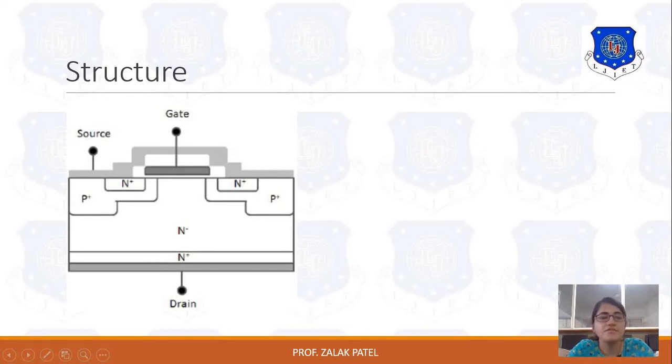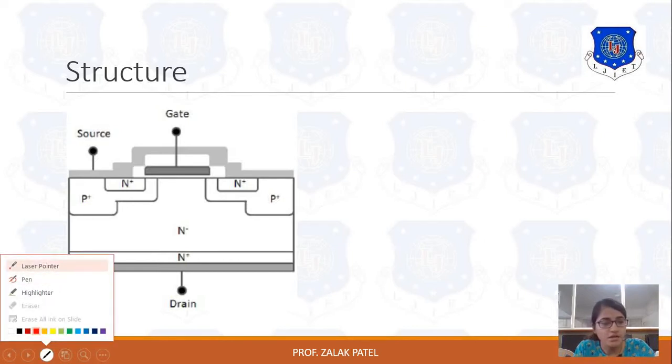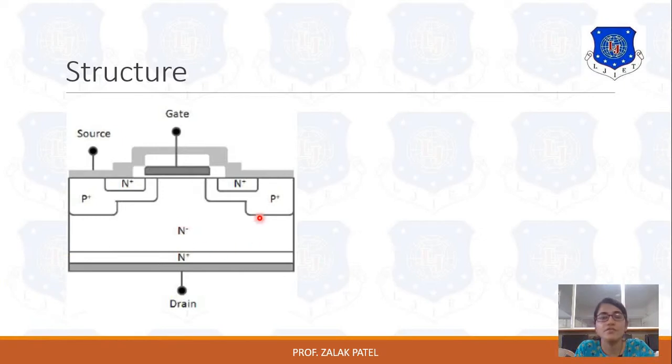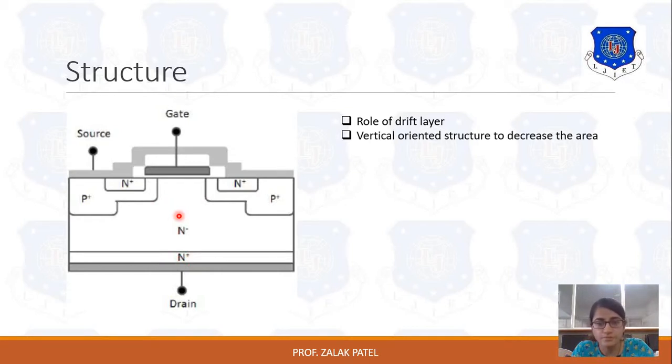The basic difference between the common MOSFET and the power MOSFET is this N minus region, which is called the drift layer. The role of the drift layer is very important because it differentiates the MOSFET and the power MOSFET. Because of this drift layer, it affects the dielectric of the power MOSFET, which we will see later on.